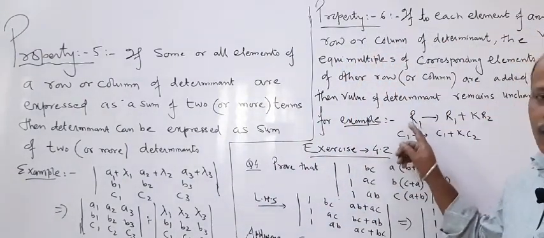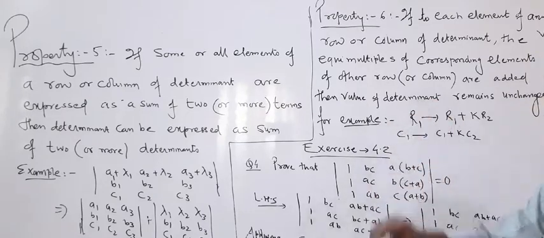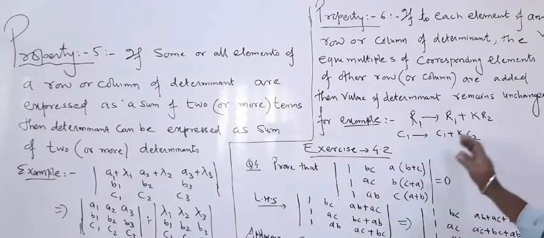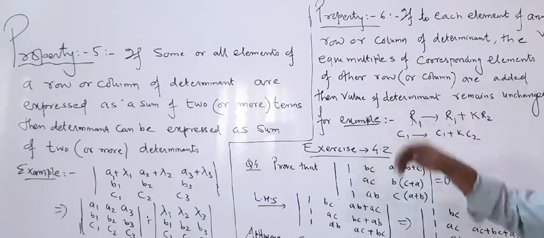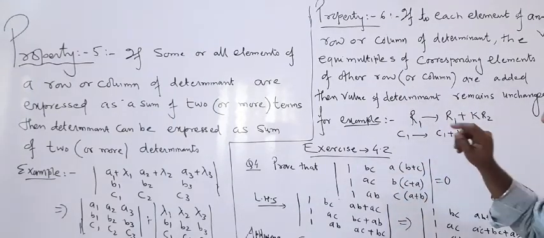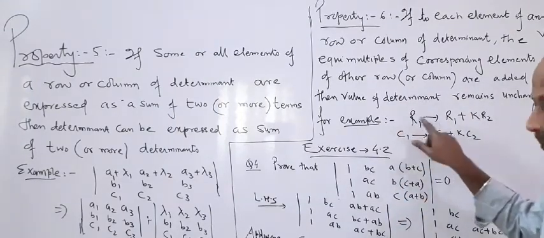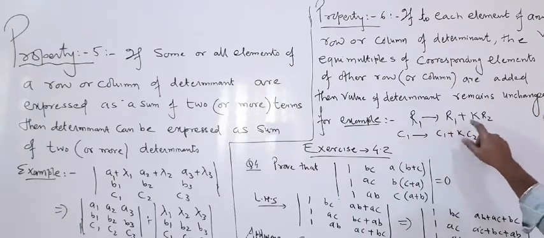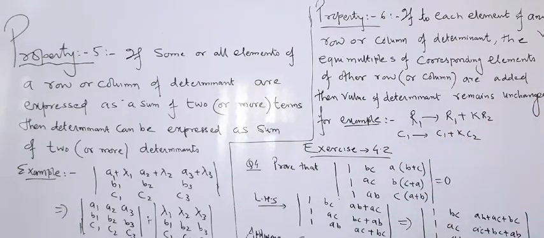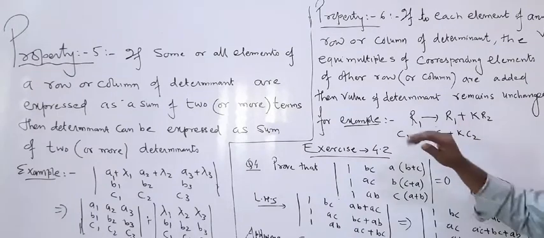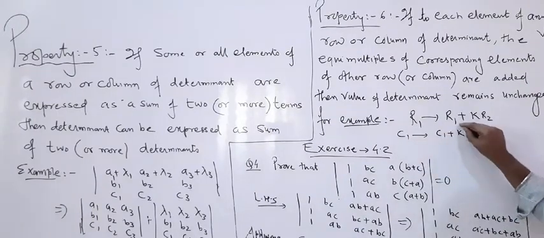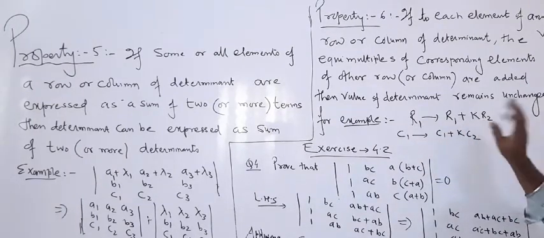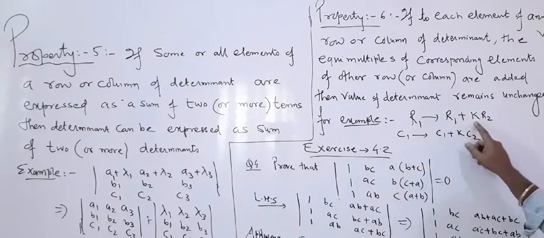Suppose you want to replace any row R1 by some multiple of some other row, for example the second row. How are we going to write it? R1 will be written as R1 plus k times R2. Not always positive. Sometimes if required, you can write a minus sign also. Here k is a non-zero constant. Remember, k is a non-zero constant.